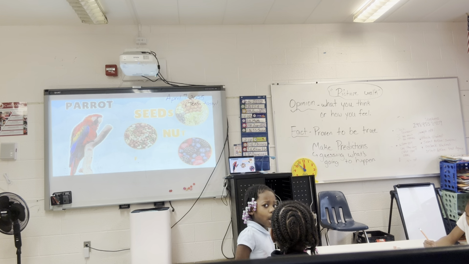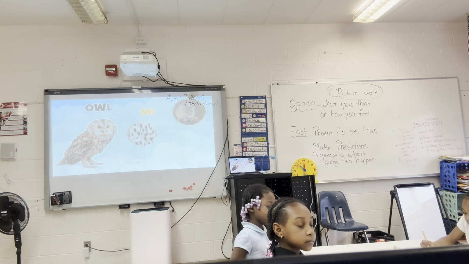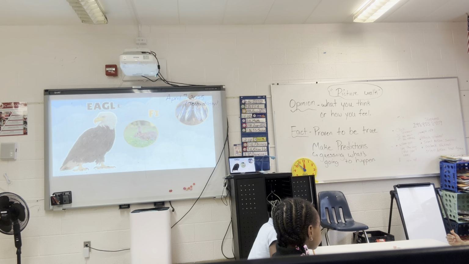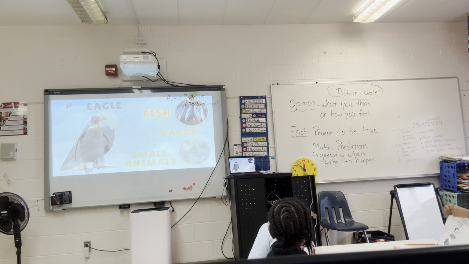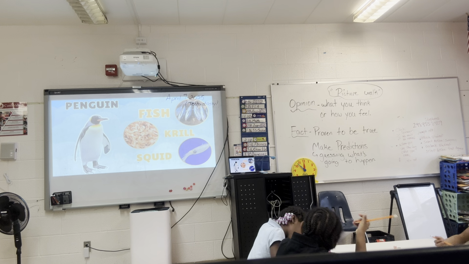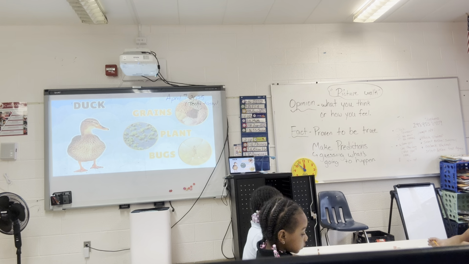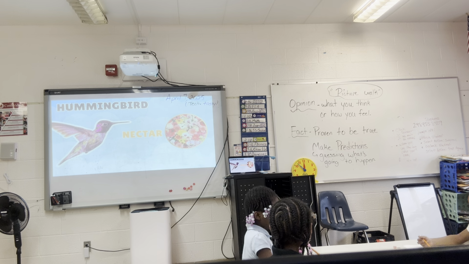Flying animals. Parrots love seeds, nuts, and colorful fruits. Owls eat mice, insects, and small birds. Eagles hunt fish, rabbits, and other small animals. Penguins eat fish, krill, and squid from icy water. Ducks love grains, plants, and tiny bugs from the water.